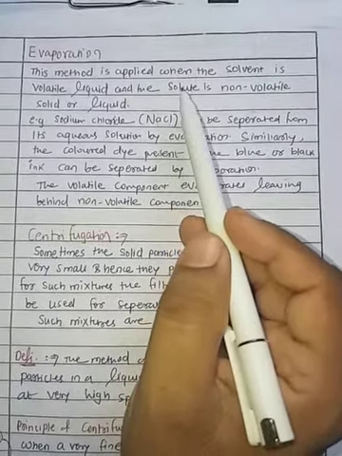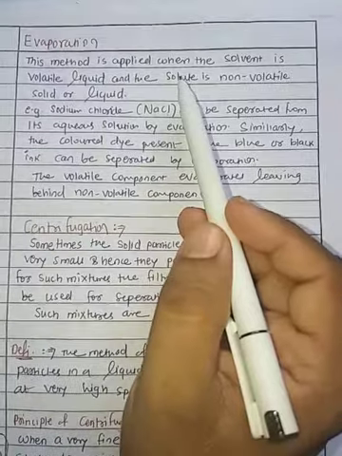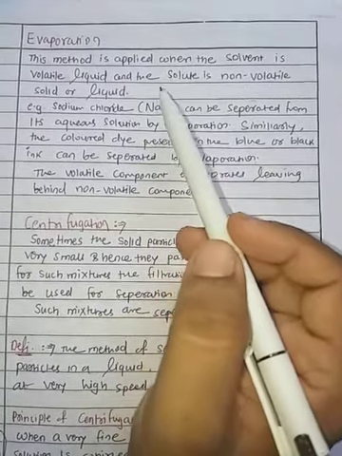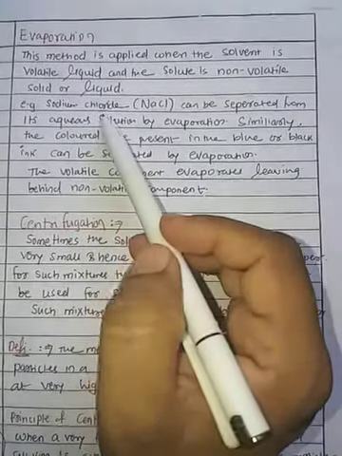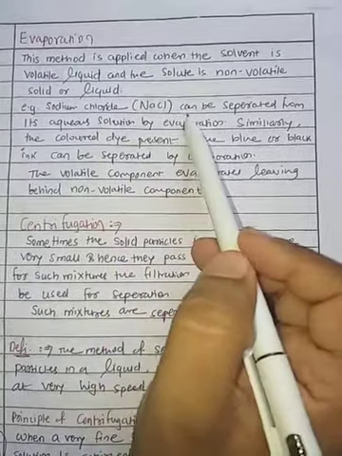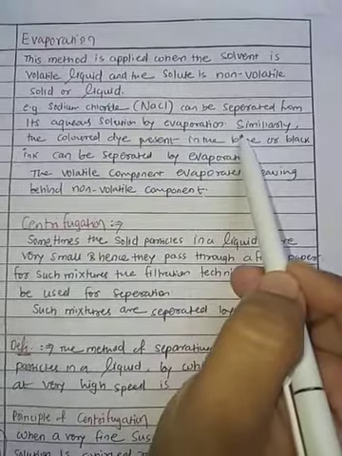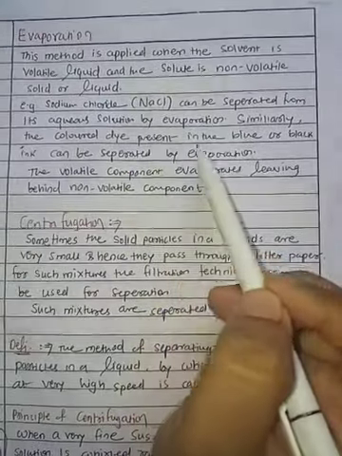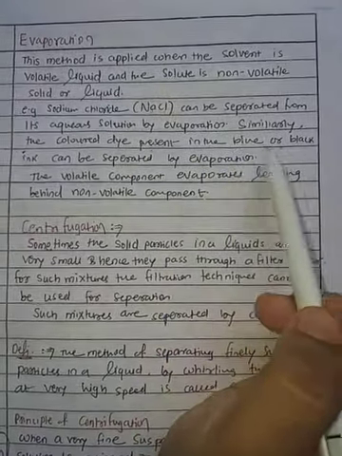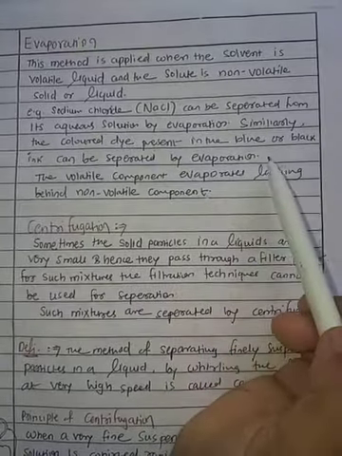Volatile means it easily escapes into the atmosphere. For example, sodium chloride, NaCl, can be separated from its aqueous solution by evaporation. Similarly, the colored dye present in blue or black ink can be separated by evaporation.